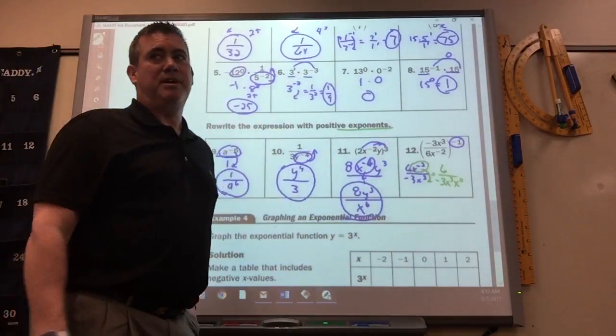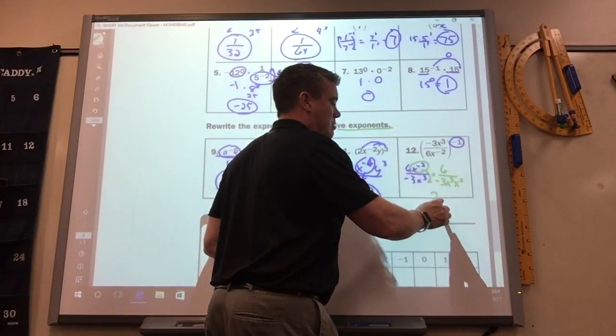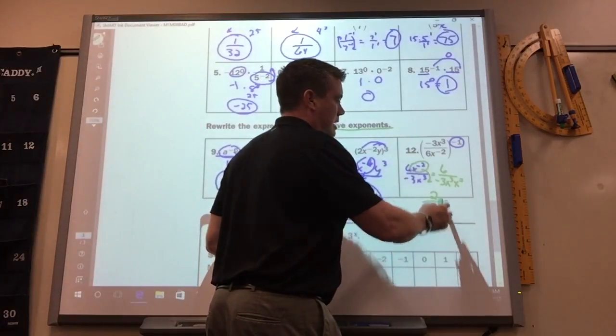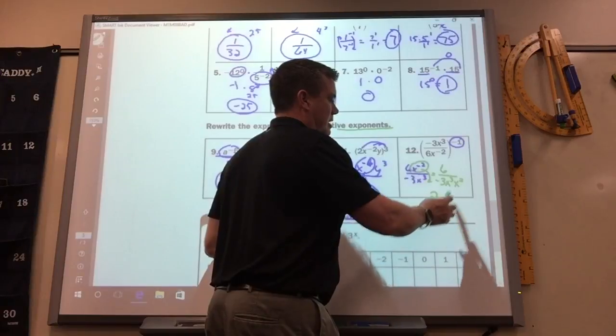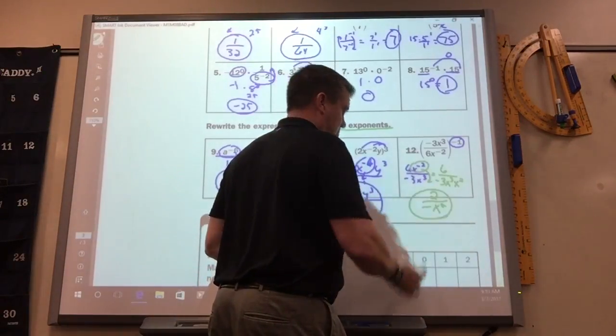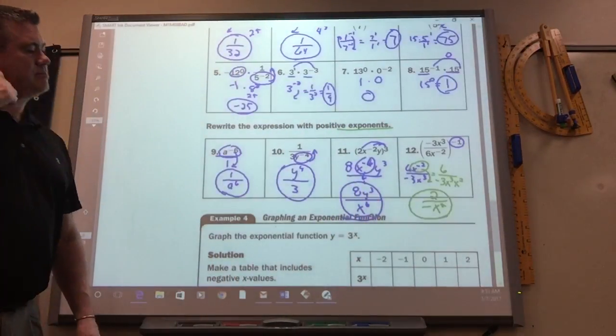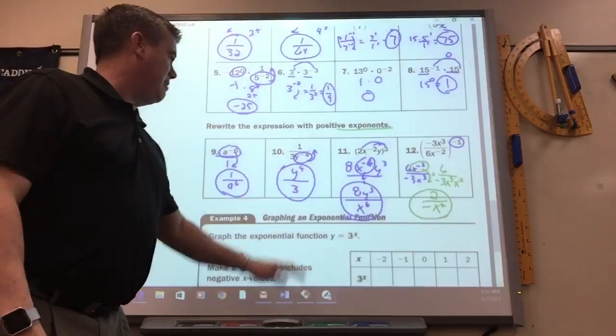So now you gotta simplify. 6 over negative 3 is 2, and then there's still a negative there. X cubed, x squared, x to the 5th. Okay, so that's about the longest one. The graphing we'll look at some other time.